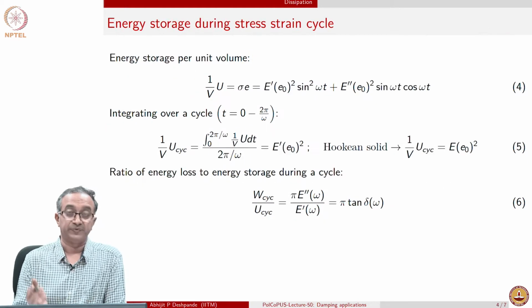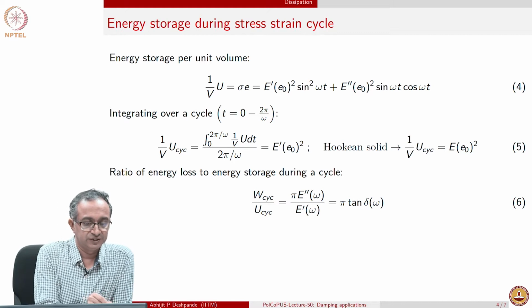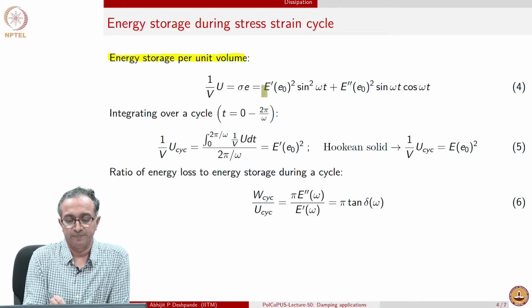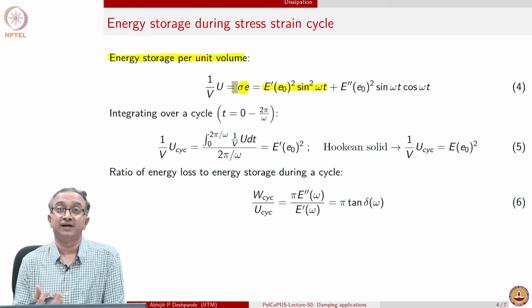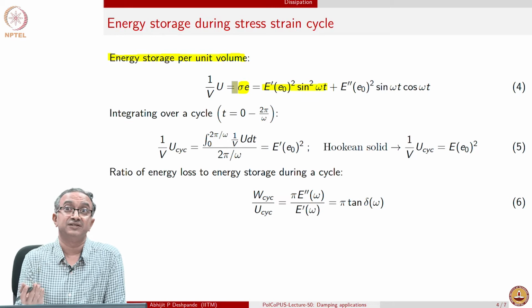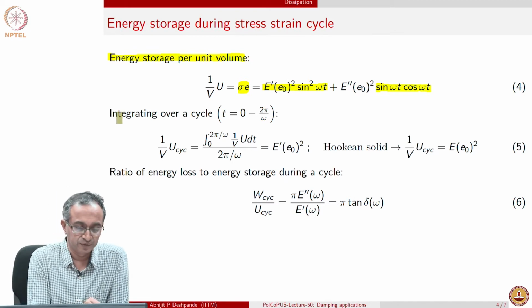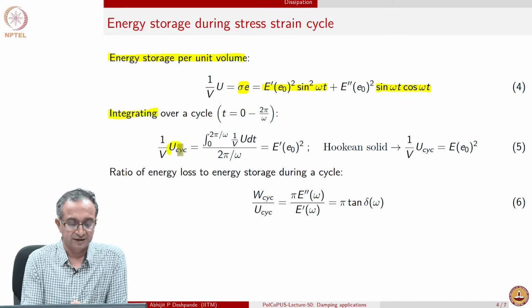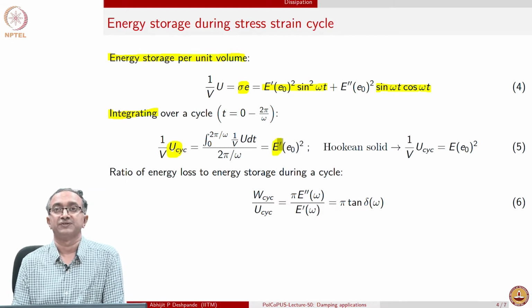We could do the other side of it, which is the energy storage, and so the energy storage per unit volume is basically given by stress into strain. So, this is again the work being done, load into distance, but per unit volume, and therefore stress into strain, and strain, remember, is distance per unit distance. And so, again it is a function of sine and cosine, and again if we do integration, we can show that the energy during one cycle is directly related to the storage modulus.